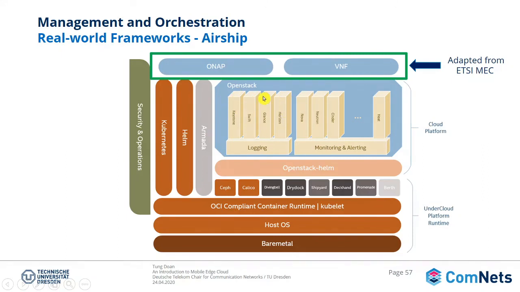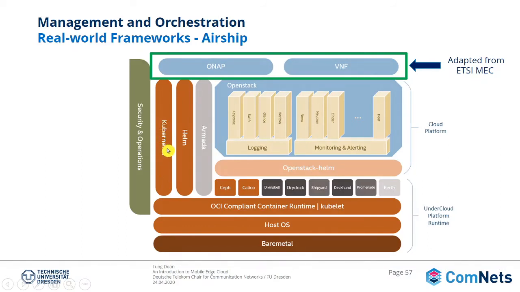So you can see that OpenStack is widely used for the MEC framework. And for the networking, Airship uses Calico for the SDN networking solution, and Ceph for the storage. And you can see that Airship also includes other cloud platforms such as Kubernetes.